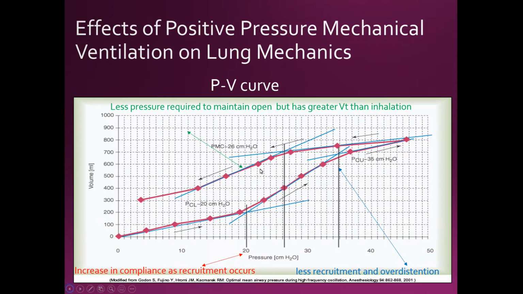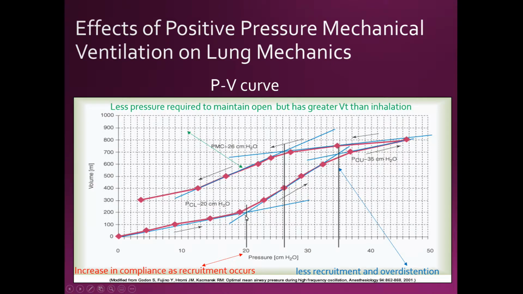Let's pretend this is the loop right here. So I have volume, I have pressure. As I start to increase my pressure, let's just say I am right here, and my volume is 200. Guess what? This is where my loop would be. It would be at 20.